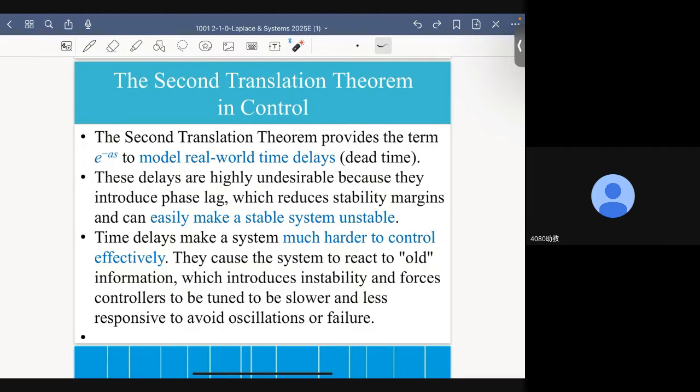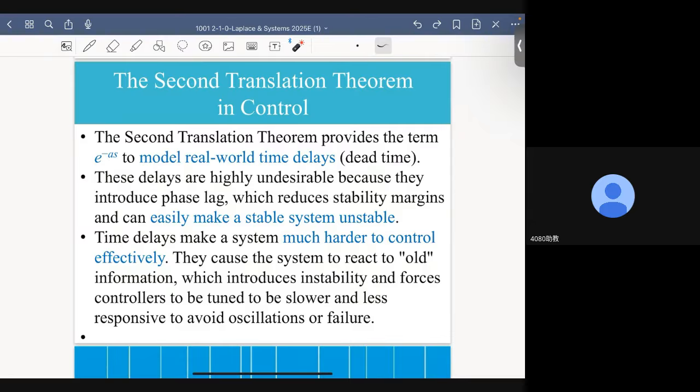But if there are time delays, then there will be a gap between the control command you produce and the real situation of the system because of the time delay. So whatever you do as a controller could be too late to manage the system the way we want it to be.